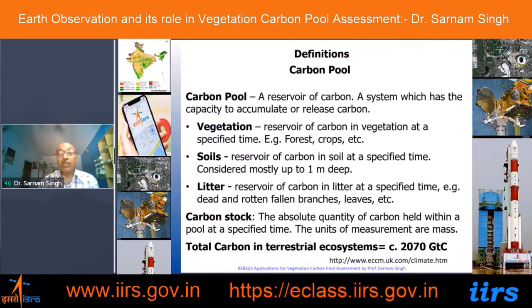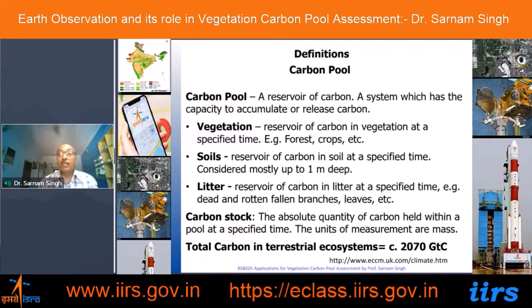When we talk about terrestrial ecosystems, if you talk about marine ecosystems, they have much more carbon stored than the terrestrial ecosystem. But today's focus is on the terrestrial ecosystem, and within it, I'm not going to speak on soil or litter, but basically on the vegetation.